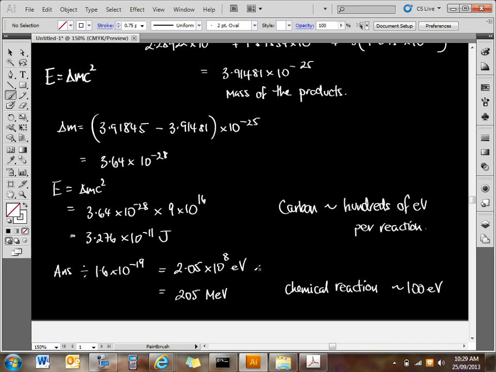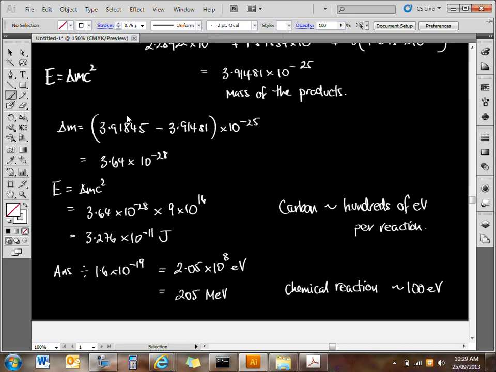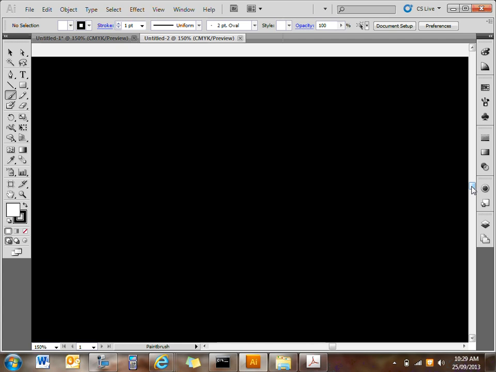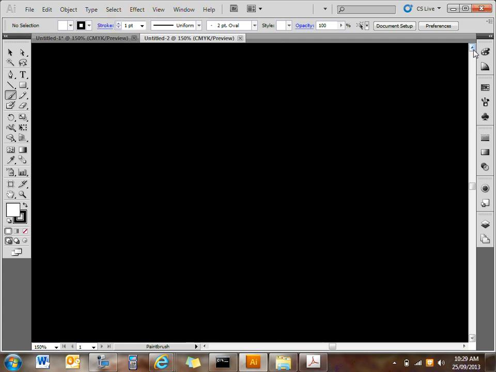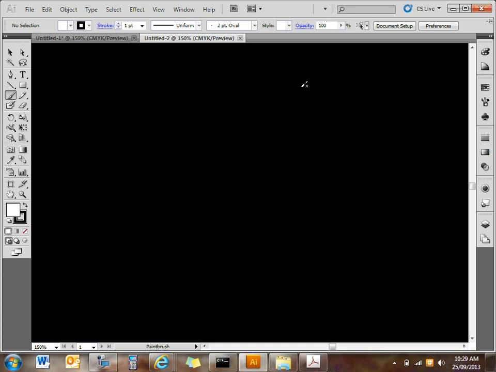What they say is that uranium has a high energy density. You need very little of it to create a lot of energy compared to burning hydrocarbons. It depends on the size of the reactor.